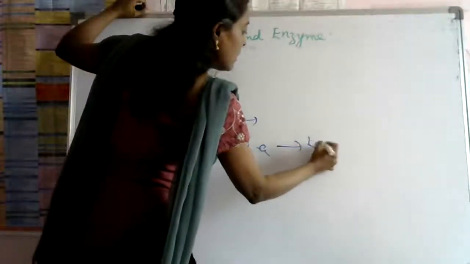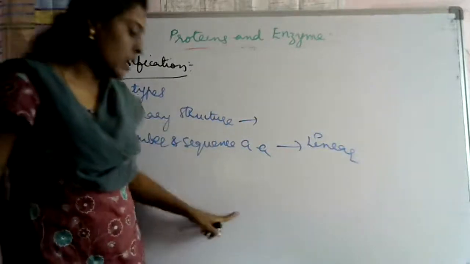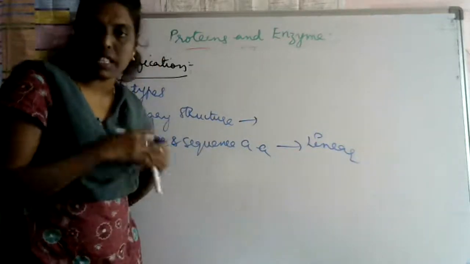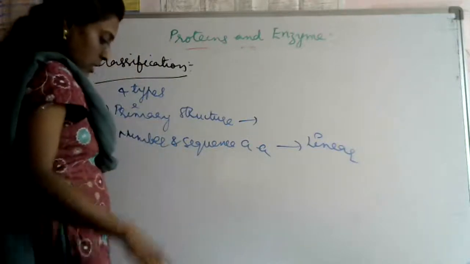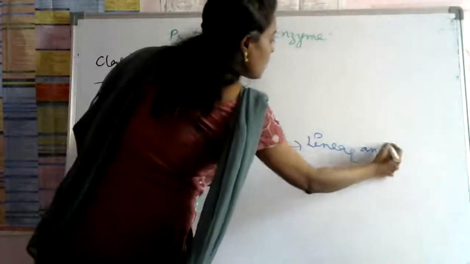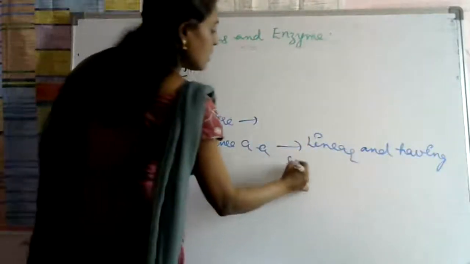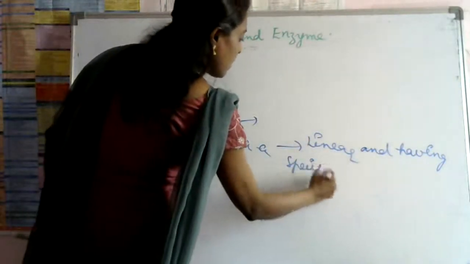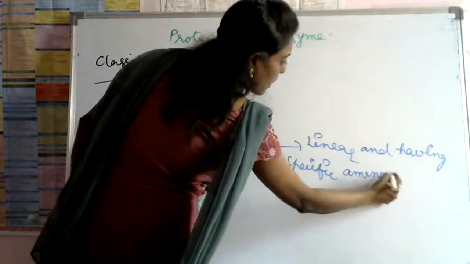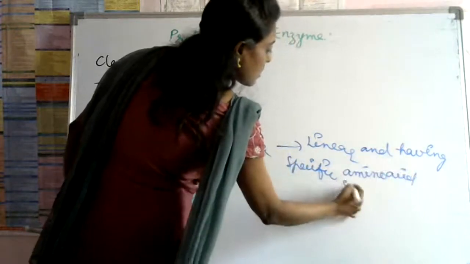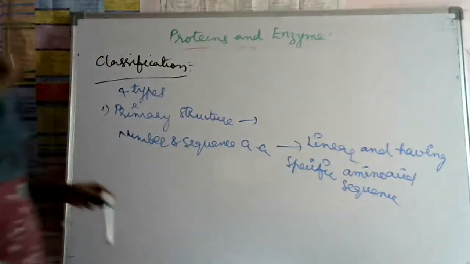A linear chain will be there in primary structure, which means the amino acids are arranged in a linear mode, having a specific amino acid sequence.